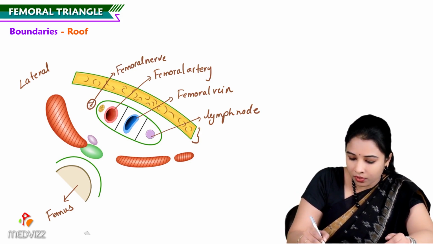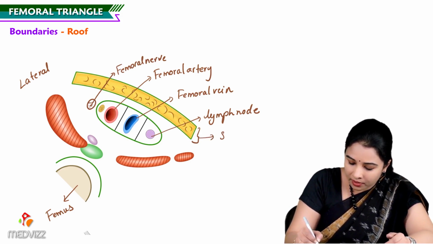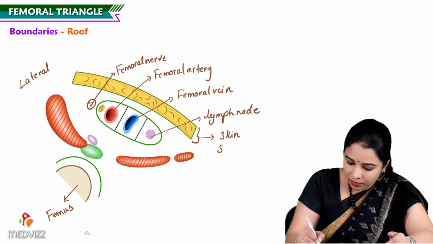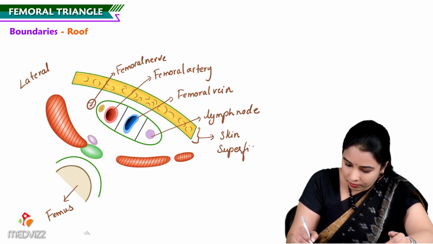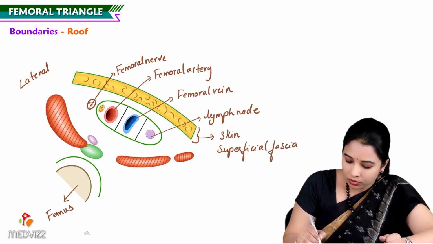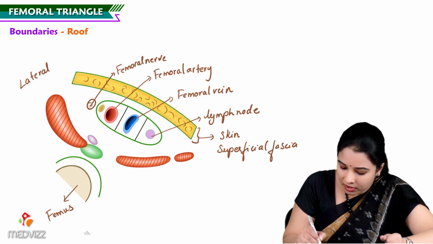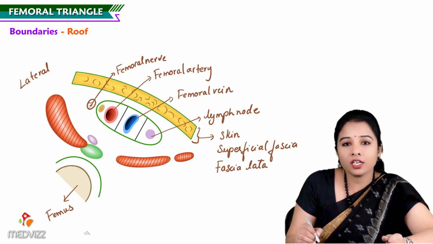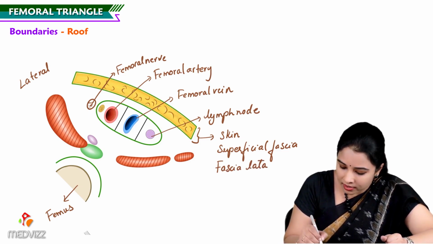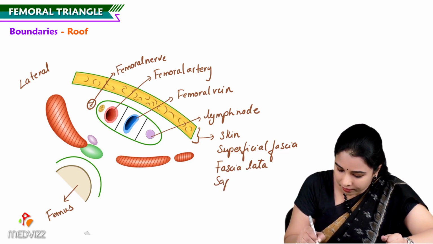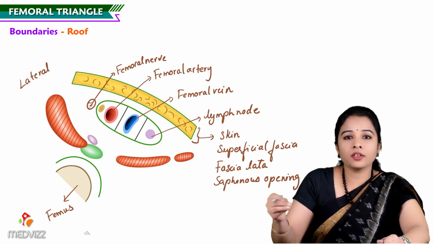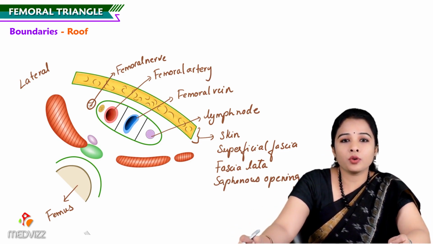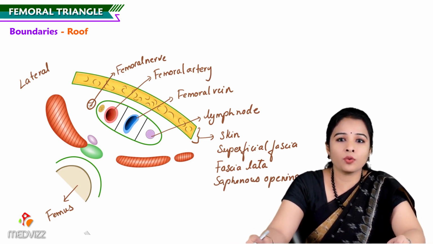This is the roof. The roof is formed by the skin, superficial fascia. Deep to the superficial fascia is the deep fascia. In the thigh we call it fascia lata, and fascia lata contains an opening called saphenous opening, where the great saphenous vein opens into the femoral vein via this saphenous opening.